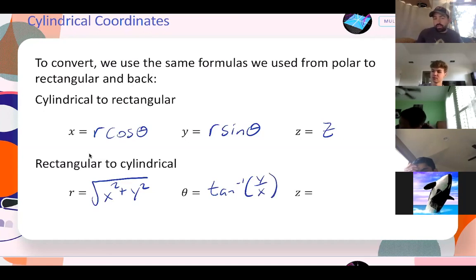Or you could think of it like the unit circle. Just remember that because of the limitations of arctangent, you're going to get angles in the first and fourth quadrant. So you may need to think of how it's like a reflection to get it to the other side if you have a coordinate that's in the second or third quadrant. And then again, z is z.